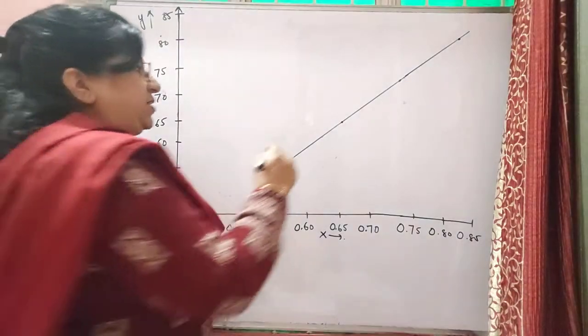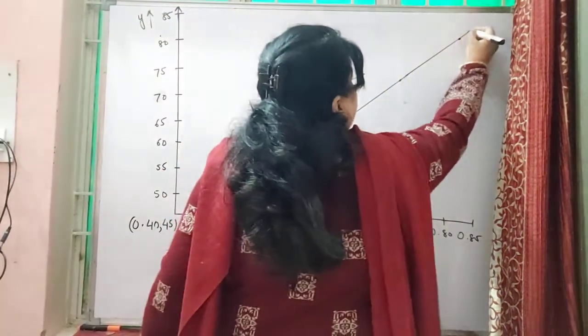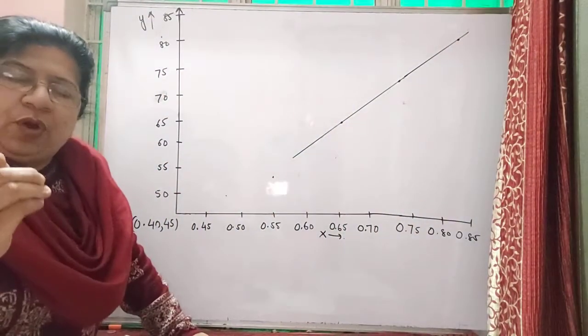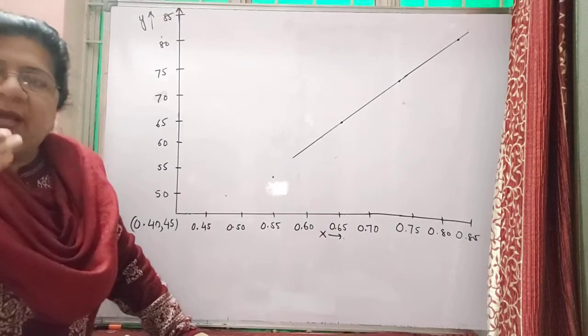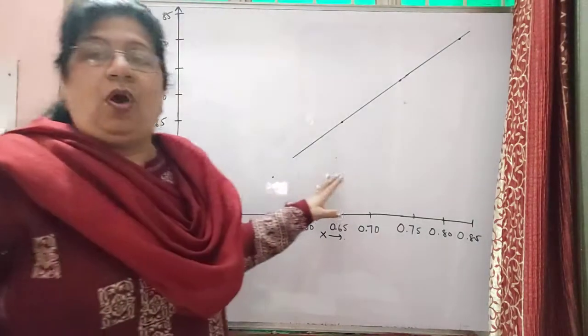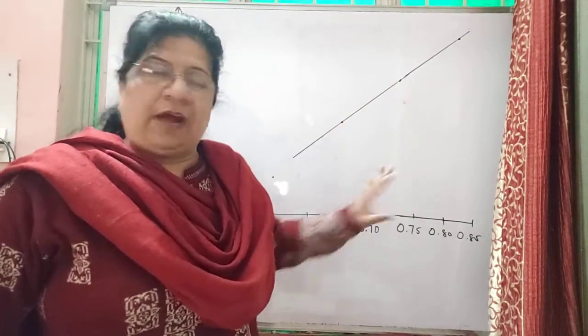Now you will extend it a little below the last point and a little above the first point, so you will be drawing a little bit of margin. You are not going to join dot to dot, just a little extended above and below. This is how you will draw a best fit line, and you will see it covers more than 60% of your graph paper.